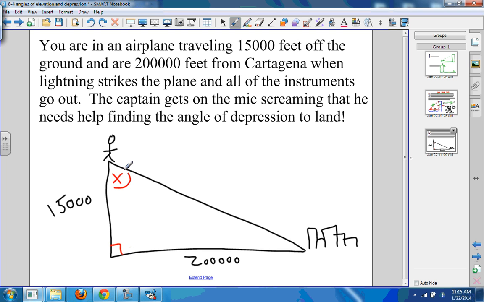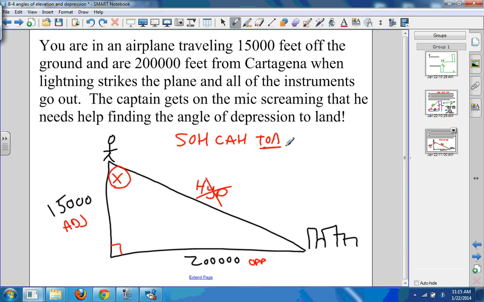So let's label our sides. We have hypotenuse. Probably not going to use that because we don't know what the value is. 200,000 is going to be our opposite side, and 15,000 is going to be our adjacent side. So in SOHCAHTOA, the opposite and adjacent sides are used in TOA.